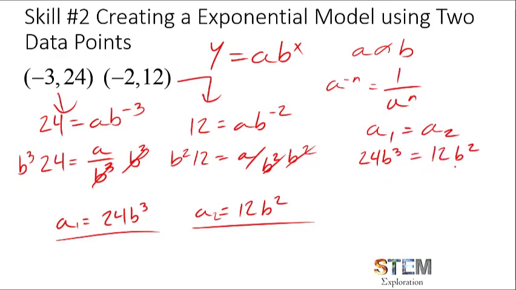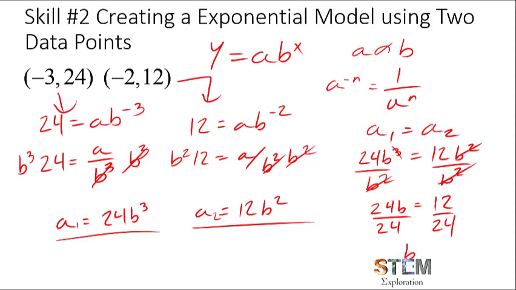Now if I get a little creative here, I divide both sides by b squared, cancel, cancel, reduce, and 24b is equal to 12. Divide both sides by 24. What I get is that b has to be a constant equal to 1/2, which tells me it's a 50% decay function. And so that's my b value of my standard form exponential equation.